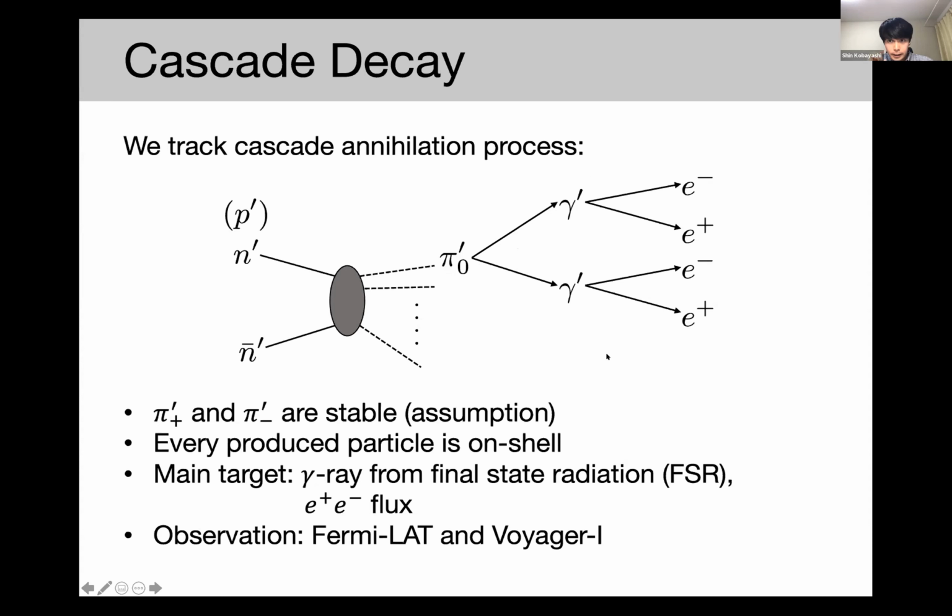We calculated the electron-positron pair fluxes, and also the final state radiation flux from the final decay channel. And we put the constraint from Fermi-LAT observation and the Voyager 1 observation.